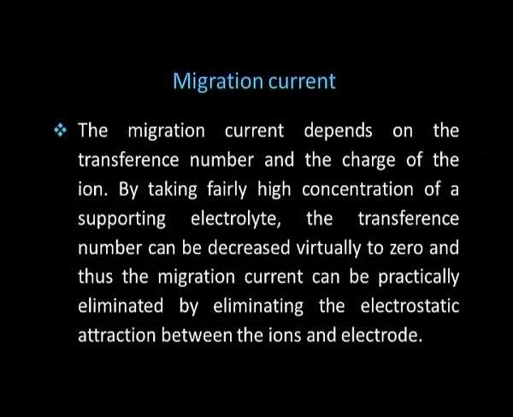The migration current depends on several factors like transference number, charge of the ion, and size of the ion. Therefore, by taking a fairly high concentration of a supporting electrolyte, the transference number can be decreased virtually to 0, and thus the migration current can be practically eliminated by eliminating the electrostatic attraction between the ions and the electrode.